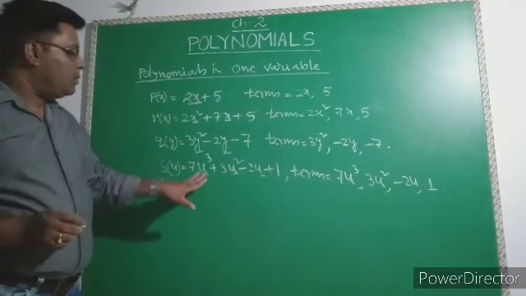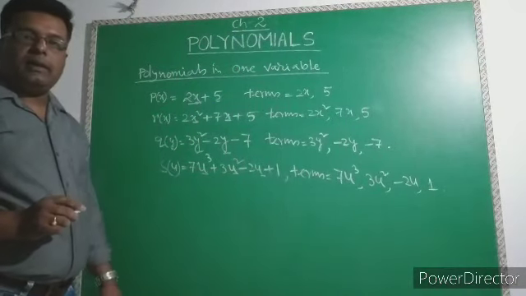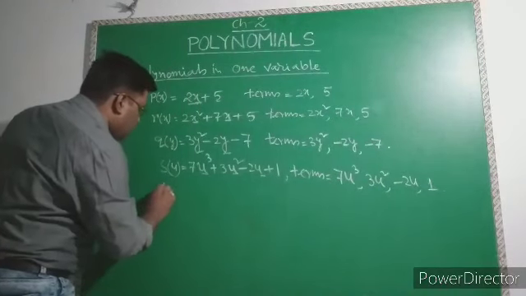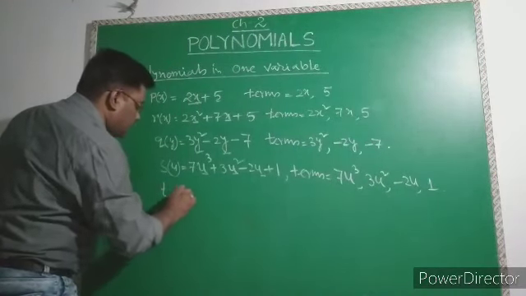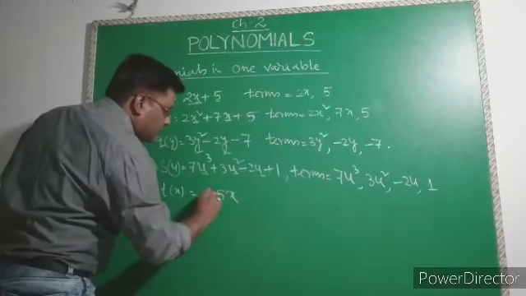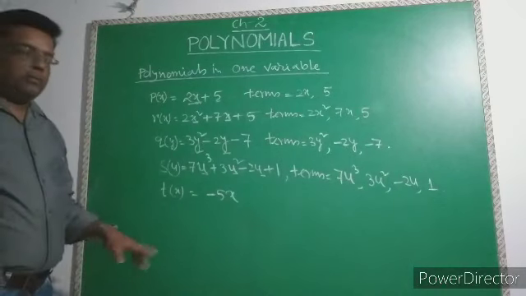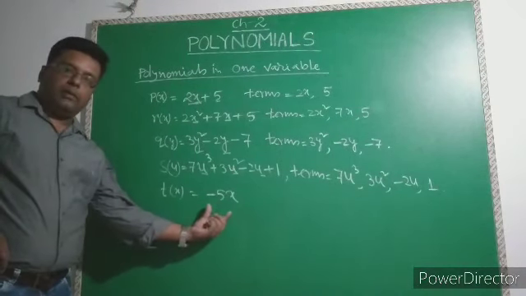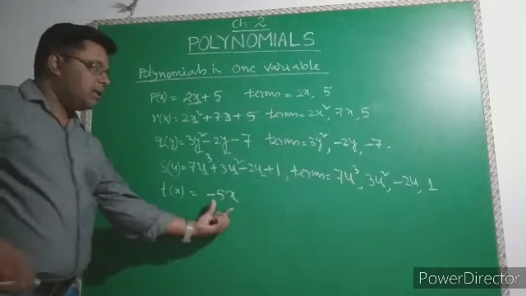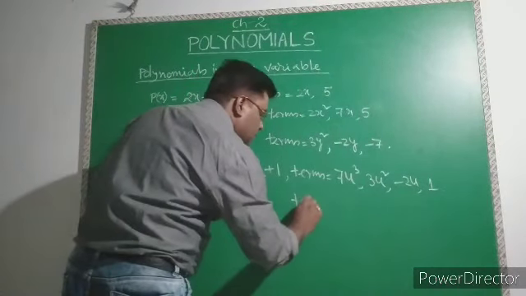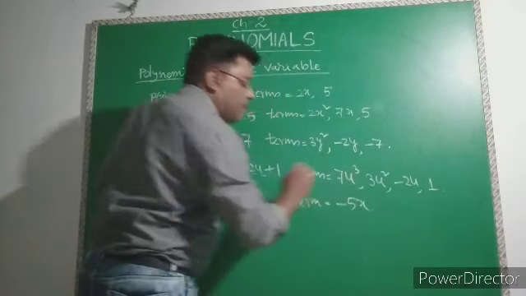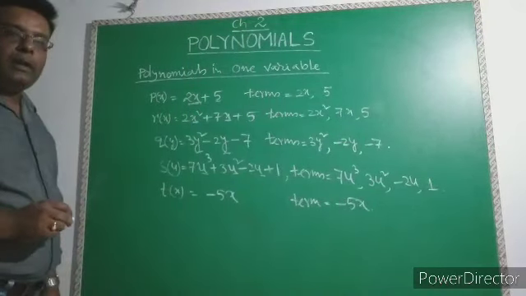That is, we have 4 terms in this polynomial. If you write t of x equal to minus 5x, it is also a polynomial. How many terms are there? Only one term. So here the term is minus 5x. Only one term is there.